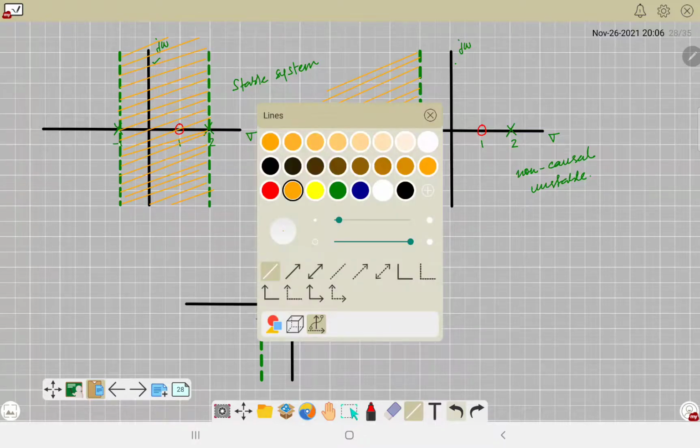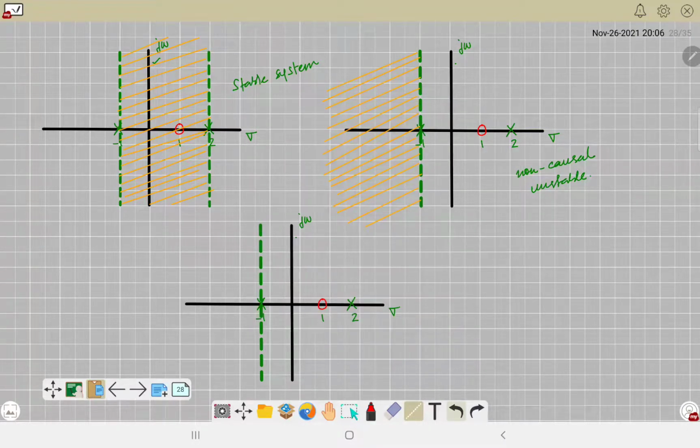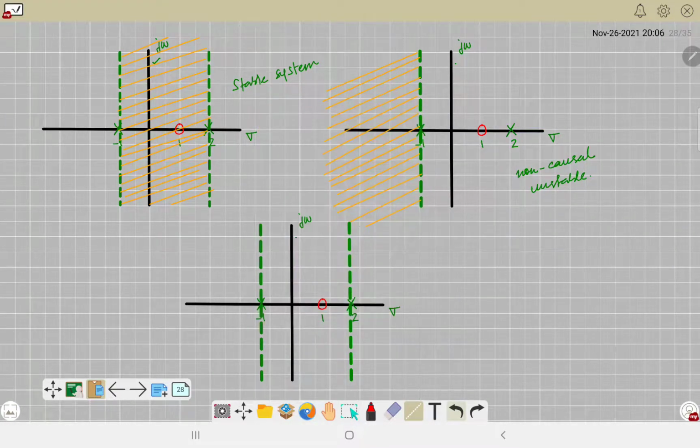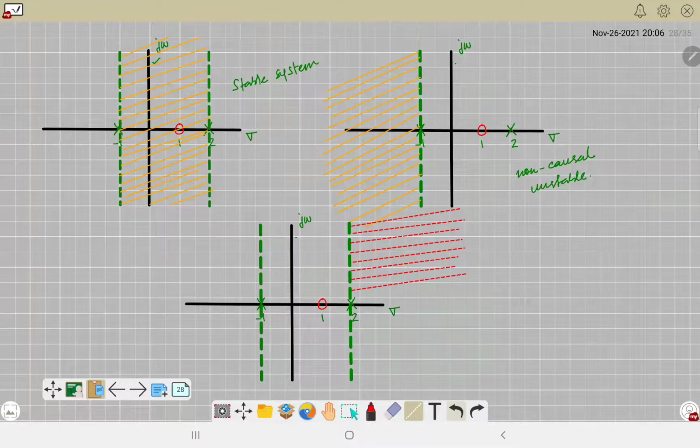So if I draw the line here, then for causality it will be determined by this. Yeah, so causality के लिए it should be like this, to the right half of the rightmost.